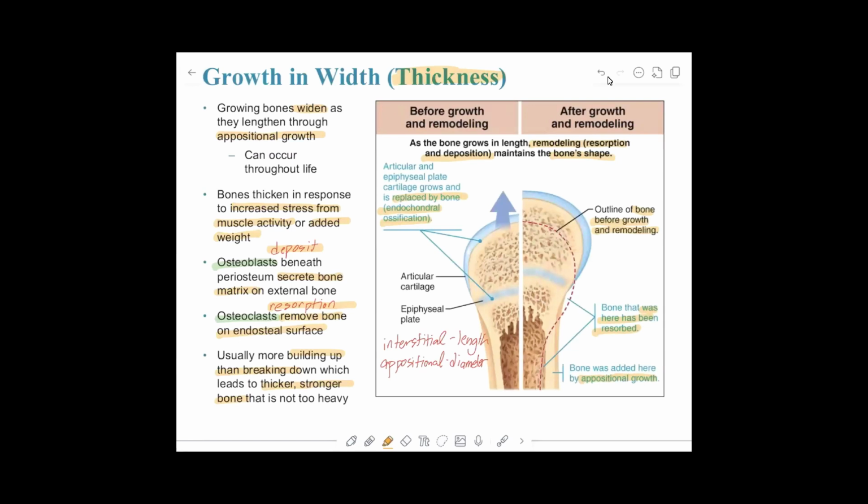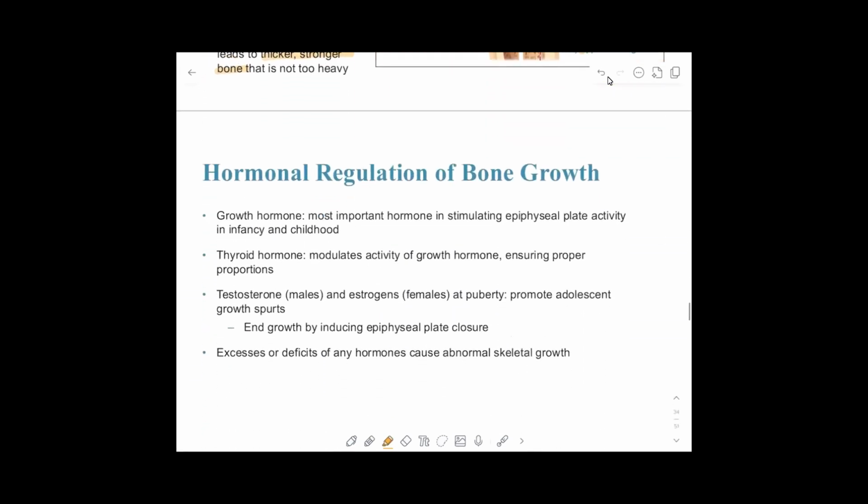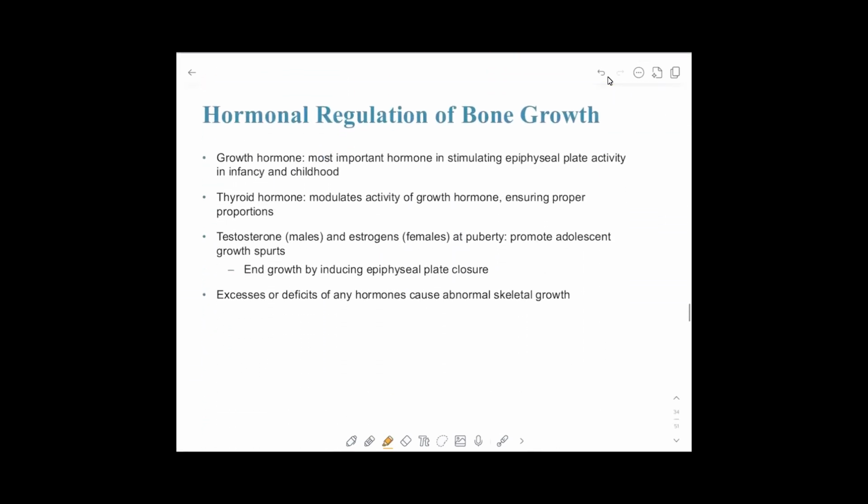The next stage of bone ossification throughout life is the bone remodeling process. And that's controlled by hormones as well as pressures that are put on the bone. So one of the most important hormones is the growth hormone, stimulating epiphyseal plate activity in infancy and childhood.